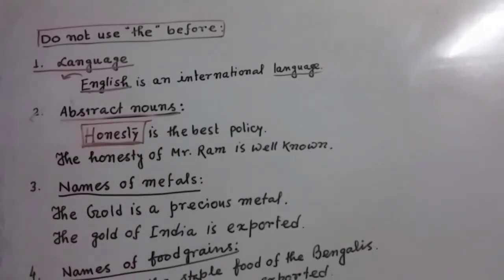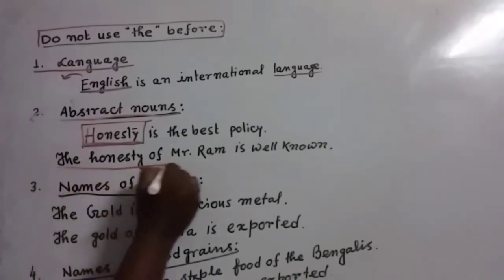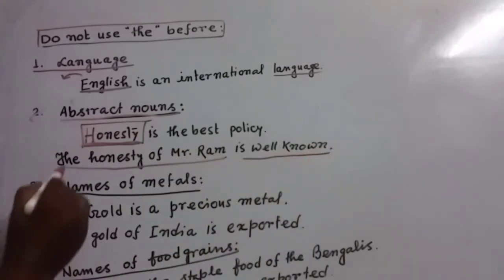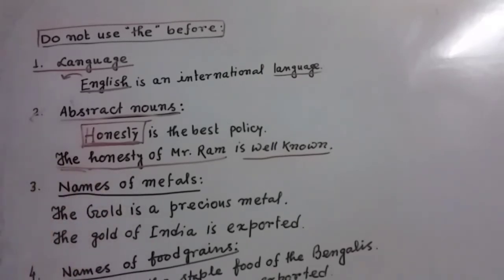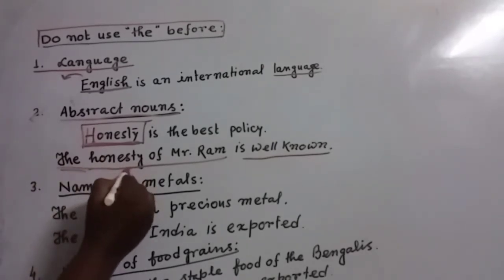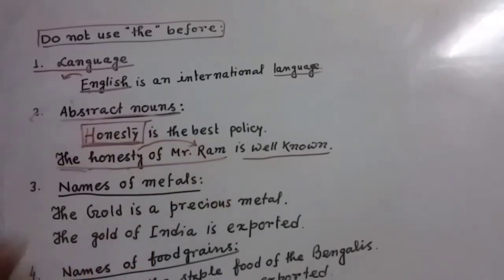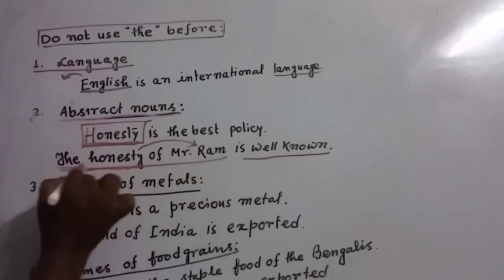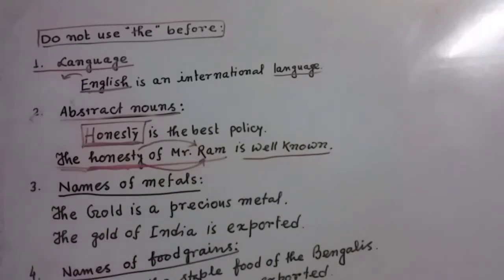But here in this sentence you can see, my dear friends, we have written the honesty of Mr. Ram is well known. Here we have written the honesty, and we had to do it because we are particularizing this one. That means honesty of a particular person. That means with this abstract noun, a person is attached. Maybe the name of a place is attached.